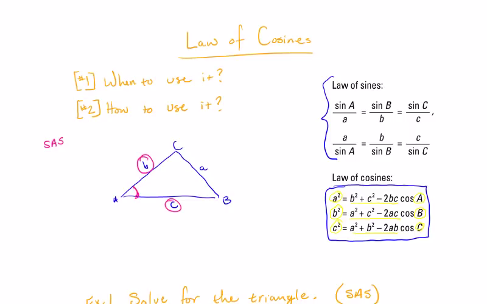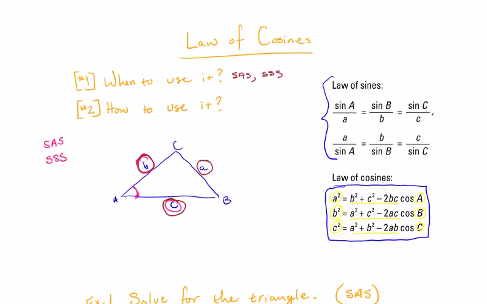That would be a scenario where we want to use the law of cosines. The second one is side, side, side. You will be given three pieces of information, but they will only be the sides, and you won't know any angle. If they only tell you three sides, then you know you've got to use the law of cosines. So once again, when would you use it? Side, angle, side, and side, side, side.